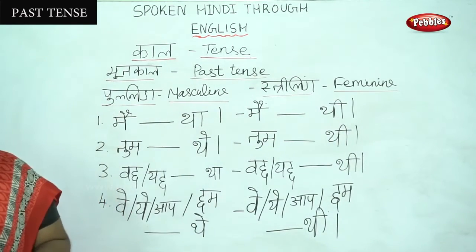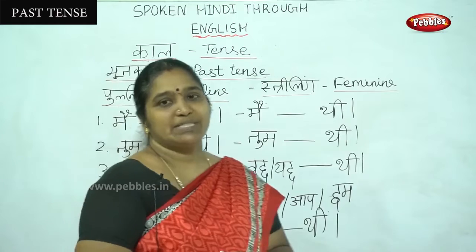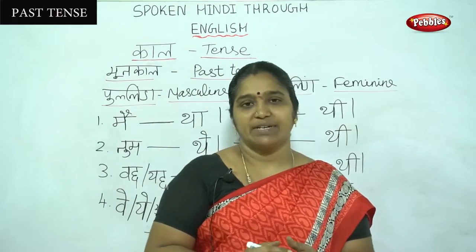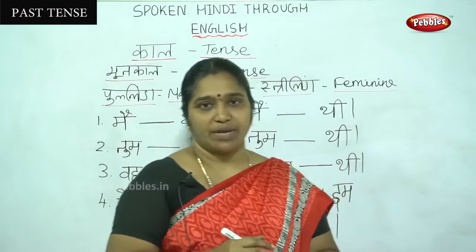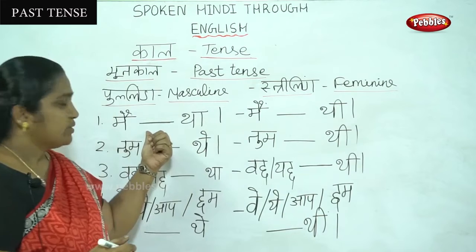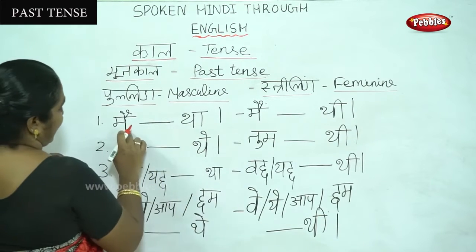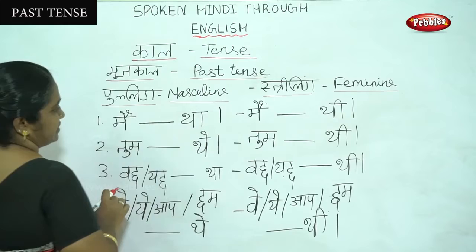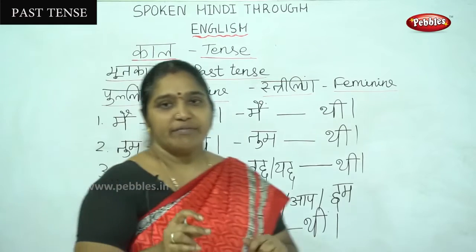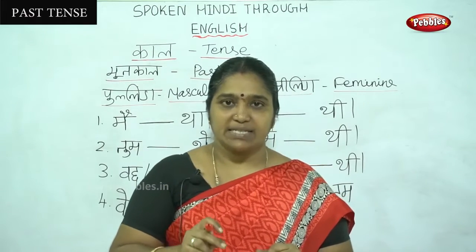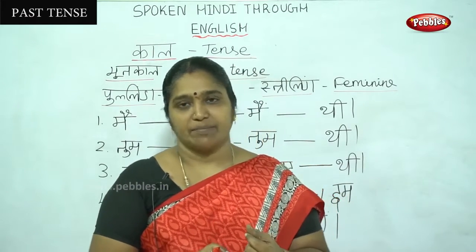We have the table for present tense, present continuous, as well as for past tense. Now, going to the first person. In the present tense we end the sentence with hoon, hai.